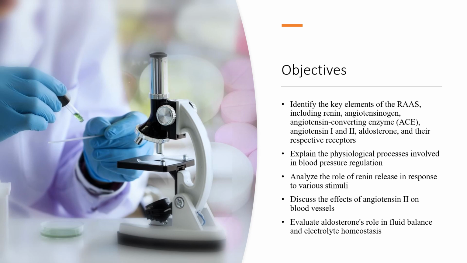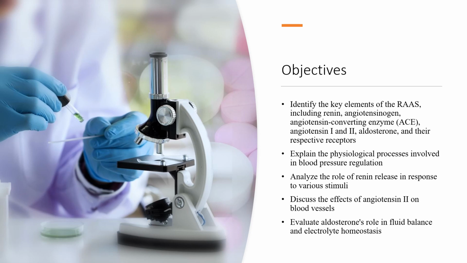So, we're going to identify the key elements of the RAAS, including renin, angiotensinogen, angiotensin converting enzyme or ACE, angiotensin 1 and 2, aldosterone, and their respective receptors.